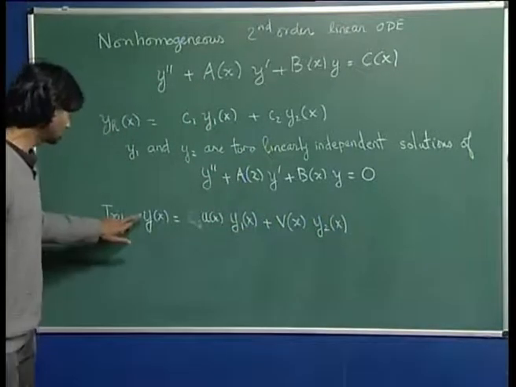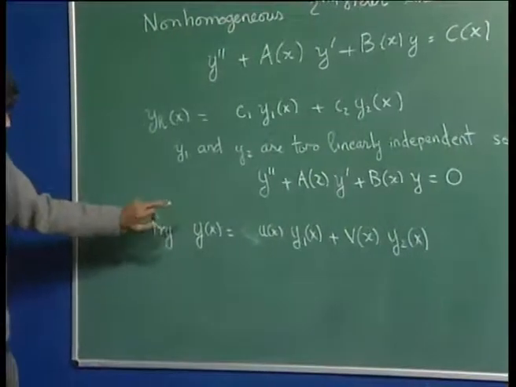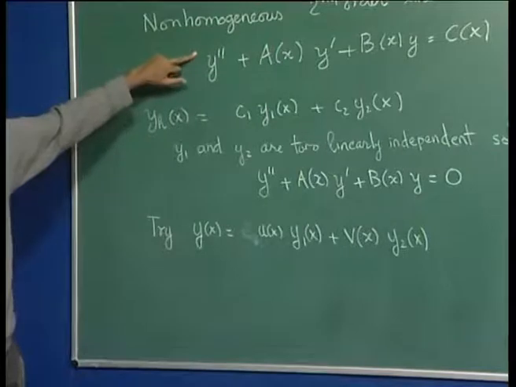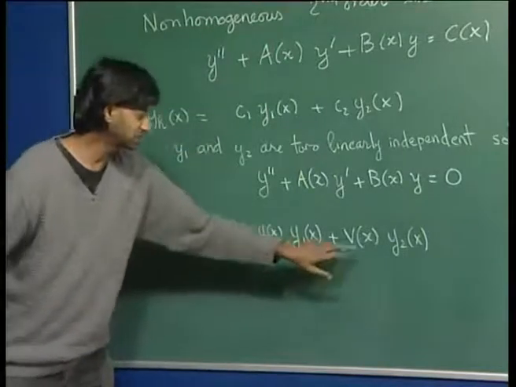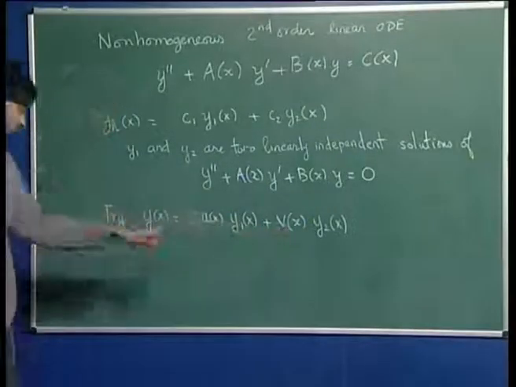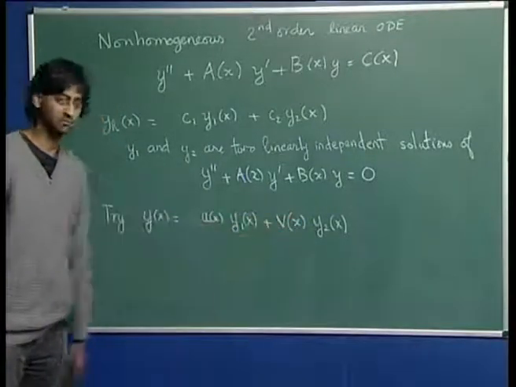In order to find the solution of the non-homogeneous differential equation, you use the homogeneous equation solutions and assume that there are some functions u and v which you multiply with y 1 and y 2.